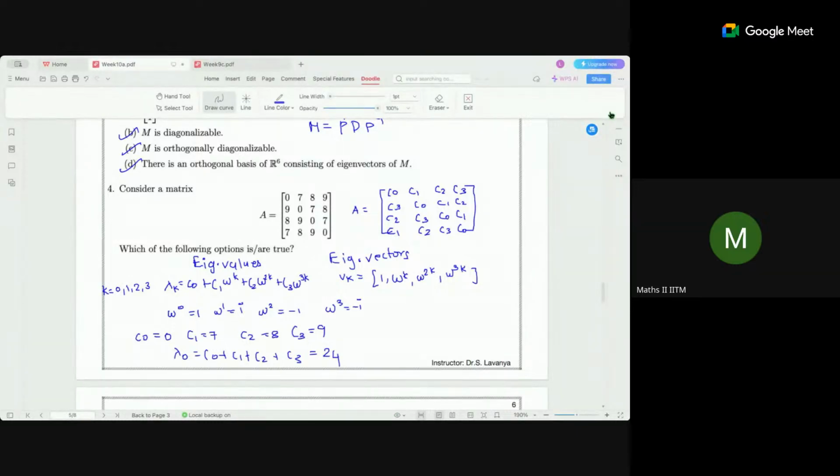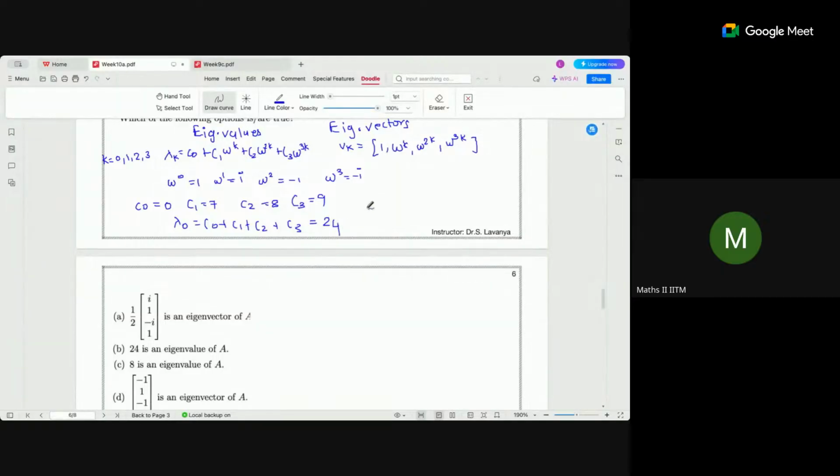Did anyone compute all the eigenvalues? Lambda 0, lambda 1, lambda 2, lambda 3? No one? Okay. If I am correct, please check whether this is the correct answer.